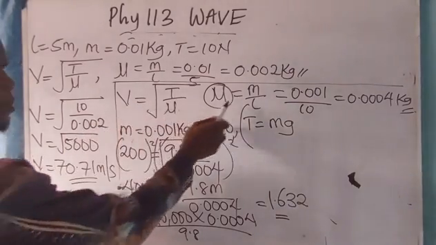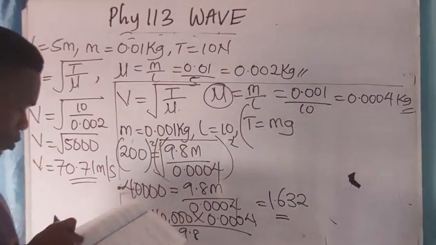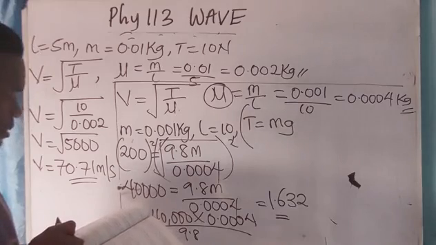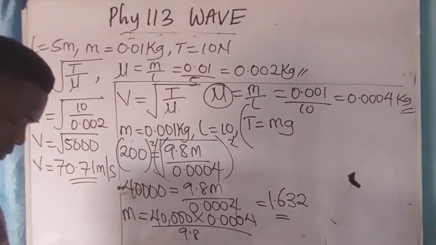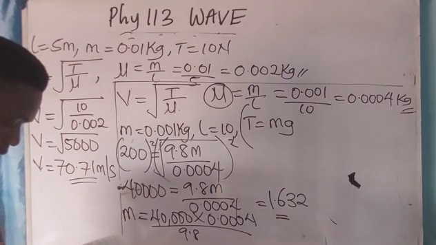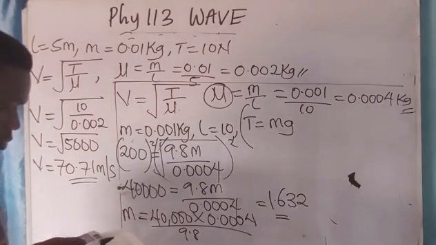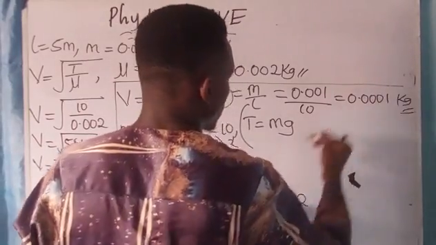I have this equals, mass from the question is 0.001 divided by length, which is 10. So 0.001 divided by 10 equals, it is 0.0001, not 0.0004.